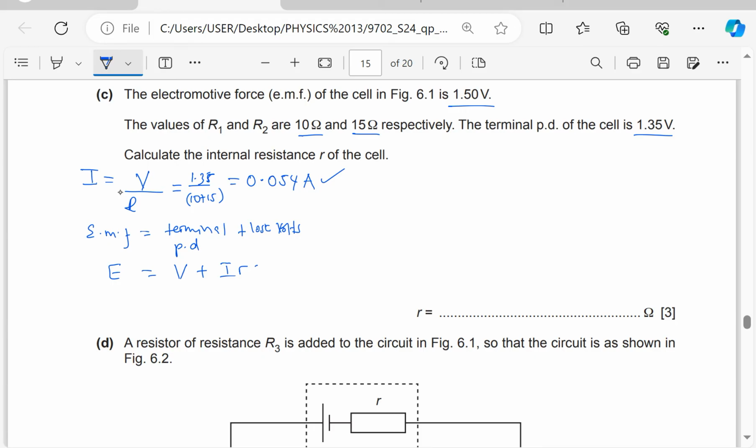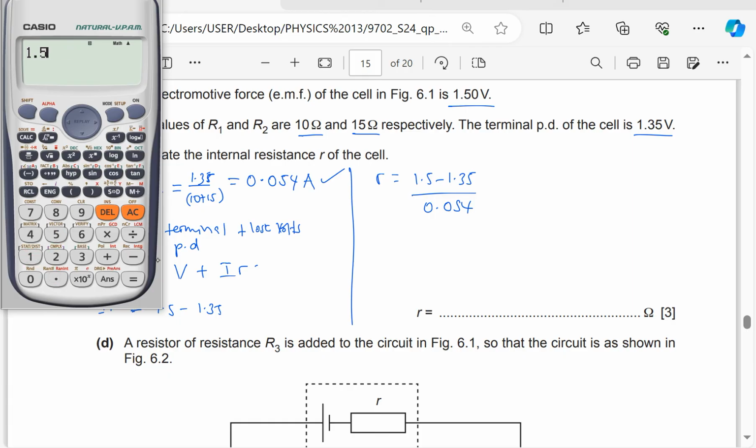So it means I times r, small r, is going to be the EMF, which is 1.5, minus the terminal PD, which is 1.35. So small r is going to be 1.5 minus 1.35 divided by the current I, which is 0.054.